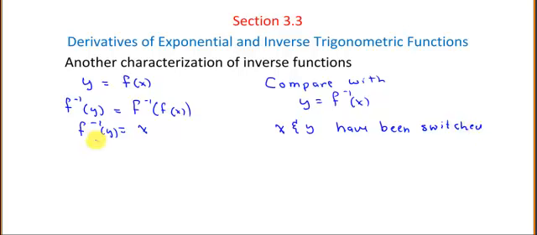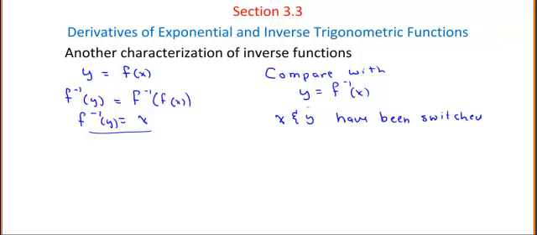Again, we can look at it clearly here. Instead of f inverse of y here, we have f inverse of x, and instead of f inverse being equal to x, it's equal to y up here. So the roles of x and y have been switched. And that's another characterization of inverse functions. We switch the x and y.